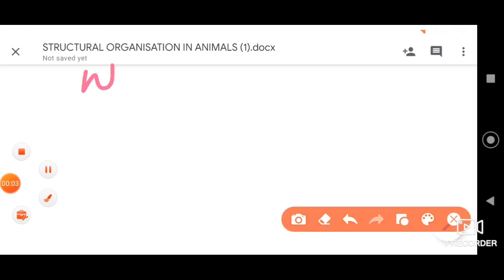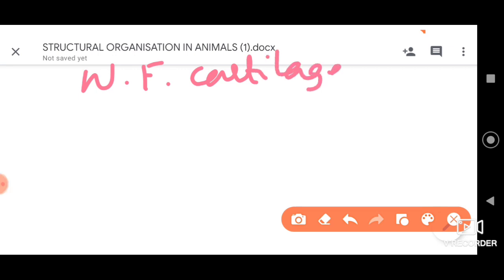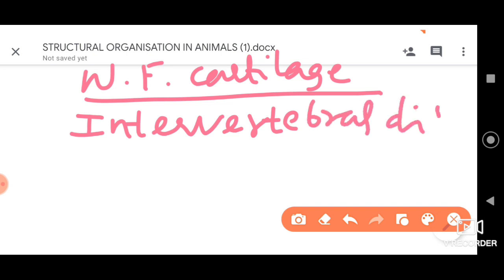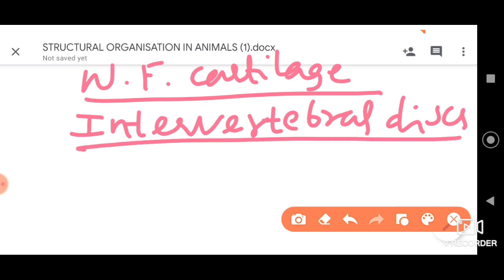This white fibrous cartilage can be seen occurring in intervertebral discs. First point, we can find them in intervertebral discs. That means in between the vertebrae we can find them, that is, they have discs. So in those discs we can find the white fibrocartilage. Then also we can find them in the glenoid cavity.